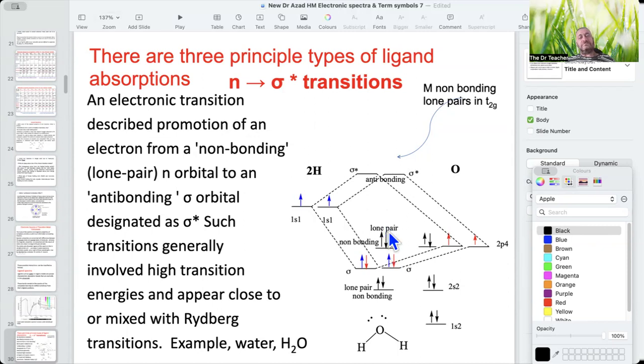So this lone pair can absorb energy and jump to the sigma star antibonding, which are empty. And this energy given to the water can be absorbed by lone pairs and go to an upper energy level and show a spectrum when it comes back, losing this energy. So this is the first time we see the lone pair jumping to the antibonding.